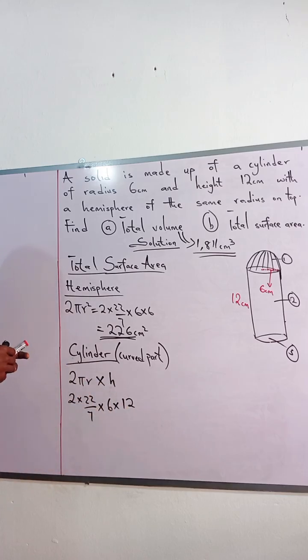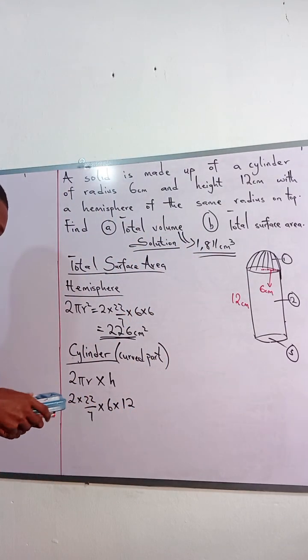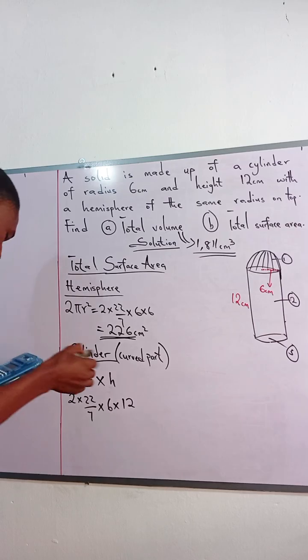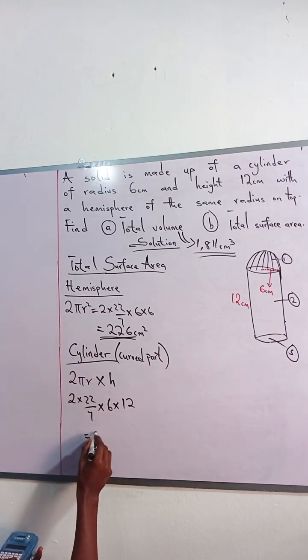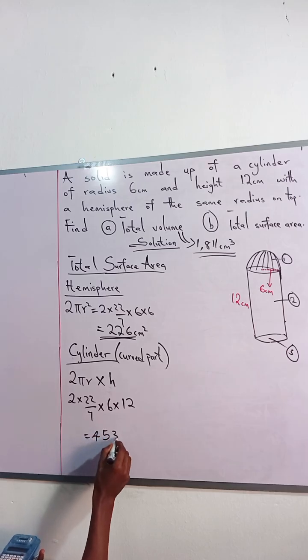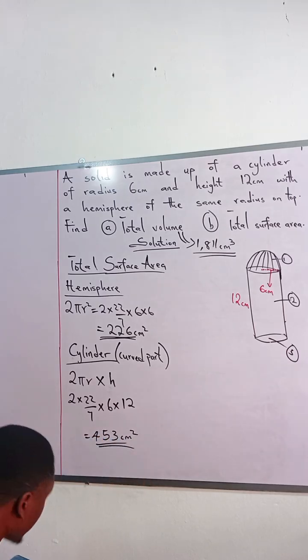The same thing we multiply to get the total surface area of the curved part of our cylinder. What I got here is 452.5, so I'm going to leave it as 453 centimeters square for ease of our calculation.